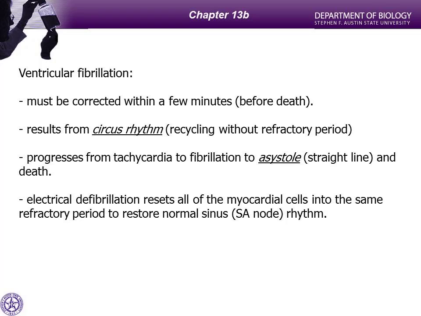So, when you defibrillate a patient whose heart is just all disorganized, when you hit it with all of that voltage, you are putting every myocardial cell into an absolute refractory period at the same time, including the SA node cells, in the hopes that when they exit that refractory period, the SA node will start back with a normal rhythm. And whatever ectopic signal was causing the fibrillation, hopefully that would have been reset or eliminated. That's the hopes. That's the plan. That's why you do the defibrillation.